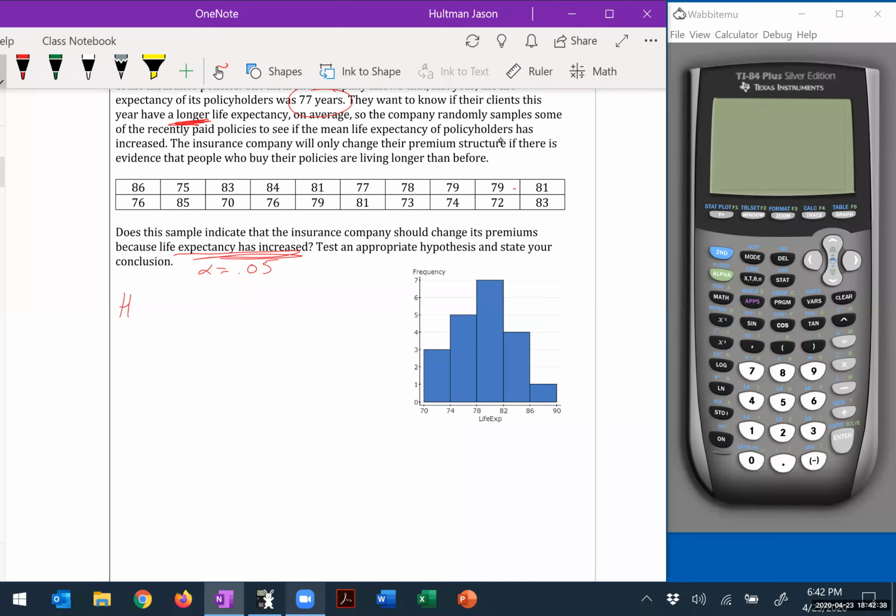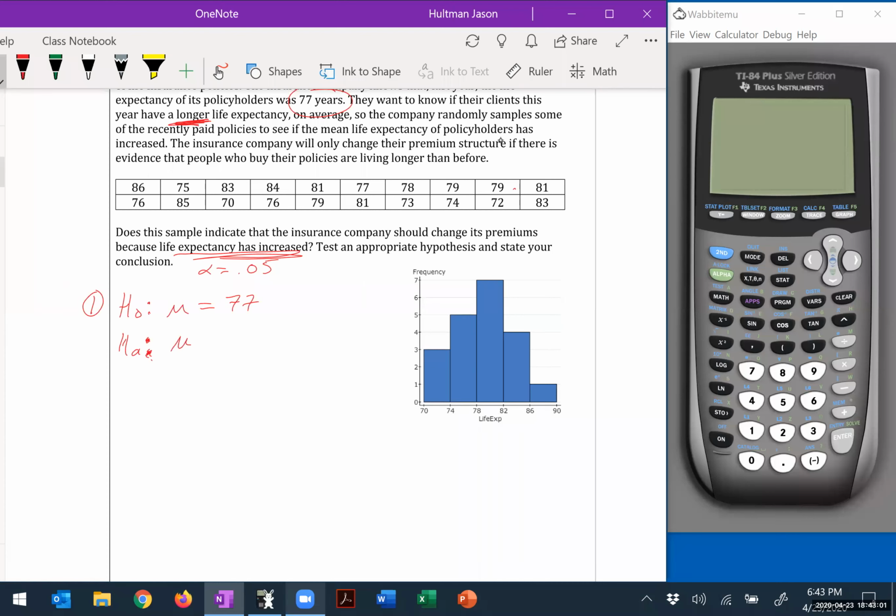We want our hypothesis. What's our null hypothesis? That the average is equal to 77, that it hasn't changed. The alternative is that we want to see if people are living longer, which means we're going to be out money.